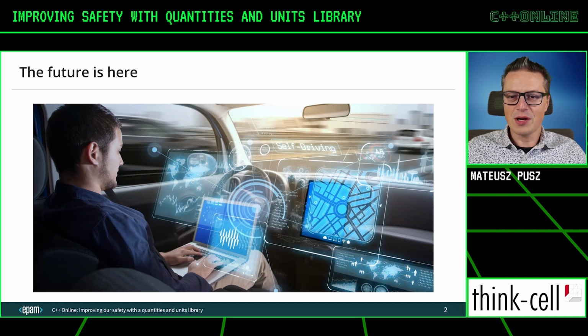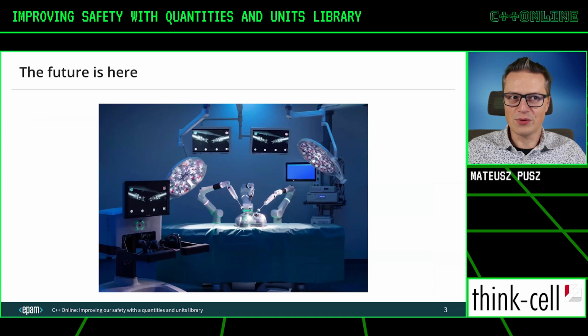Self-driving cars appear on our roads, and this is not only about cars, because, for example, surgical machines and all of these smart healthcare devices are becoming mainstream, current technology that we depend on every single day in different places, in different jobs. And there will be even more machines with safety or even life-critical tasks in the future. That's for sure, that's guaranteed.